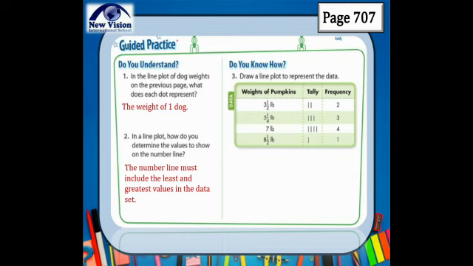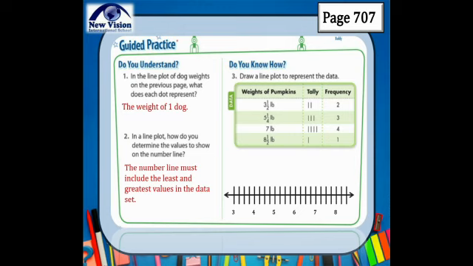Number 3. Draw a line plot to represent the data. So again, in drawing the line plot, first, draw a number line. And then, let's have our intervals: 3, 4, 5, 6, 7, 8. And then, let's represent our data.